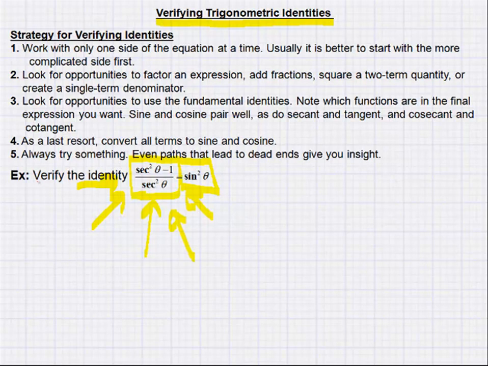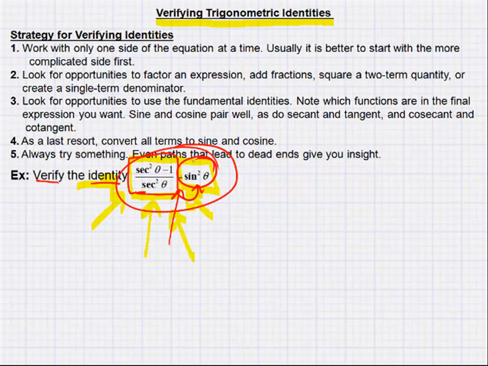Essentially what we're saying when we say verify the identity is you need to show that this equation here is always true. Well, the easiest way to do that is if I can somehow turn this side into this side, then it shows that one side always equals the other side.